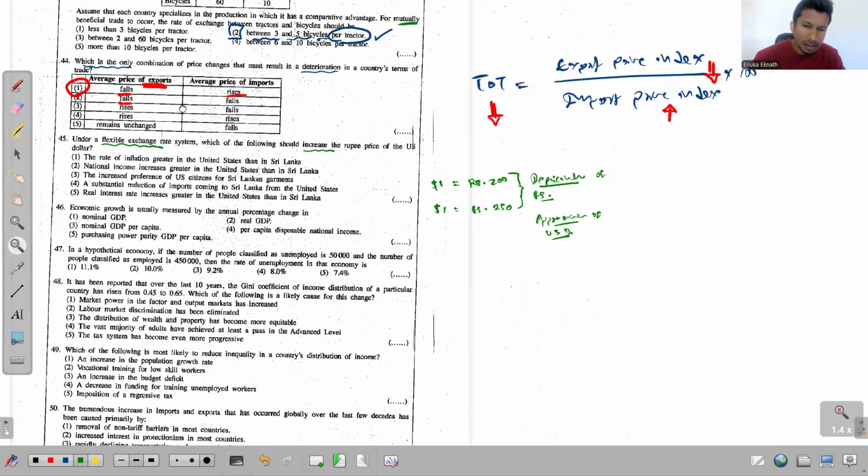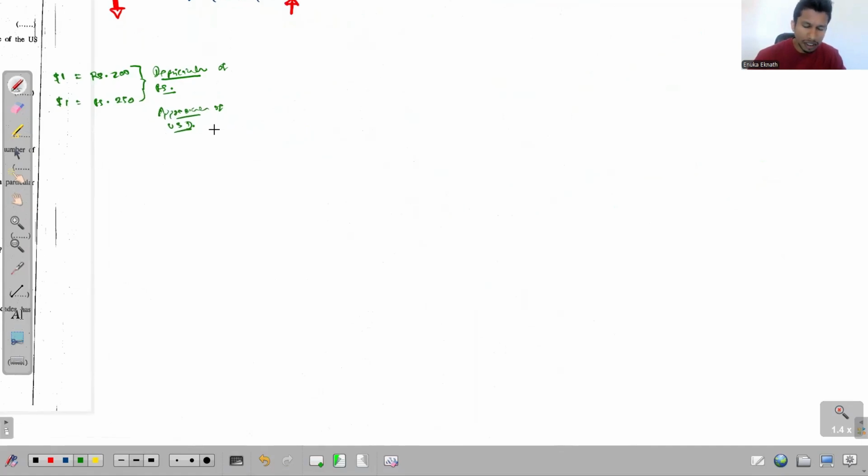So let me just show you the curves related to this. Imagine that on this side, we get the quantity of dollars, and on this side, we get the rupee price of a dollar, right?